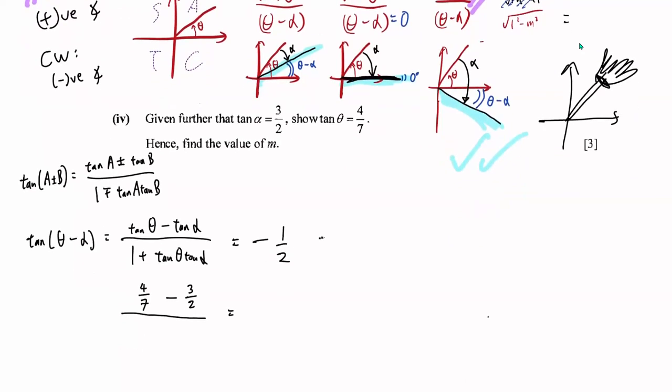But then tangent theta is 4/7. Then just sub in as well. Then tangent alpha now becomes 3/2, equals negative half. Did I do something wrongly?